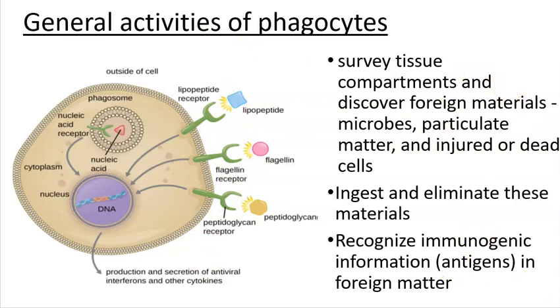And if it's a phagocytic cell, their job is to eat it. And so they're going to ingest and then get rid of this foreign material that's out there. And we'll see in the next chapter, they're also going to help to recognize some of this information and give it to trigger parts of our immune system that are really specific for those particular pathogens.